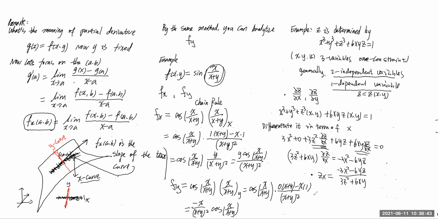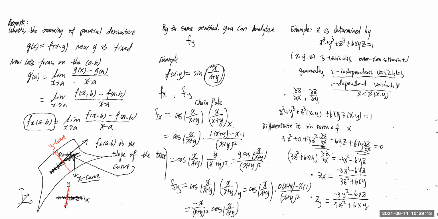To be honest, you can compute z_y directly. If you look at this formula, x and y have the same position in this equation, so you can rewrite it. This is 3y squared minus 6xz over 3z squared plus 6xy.